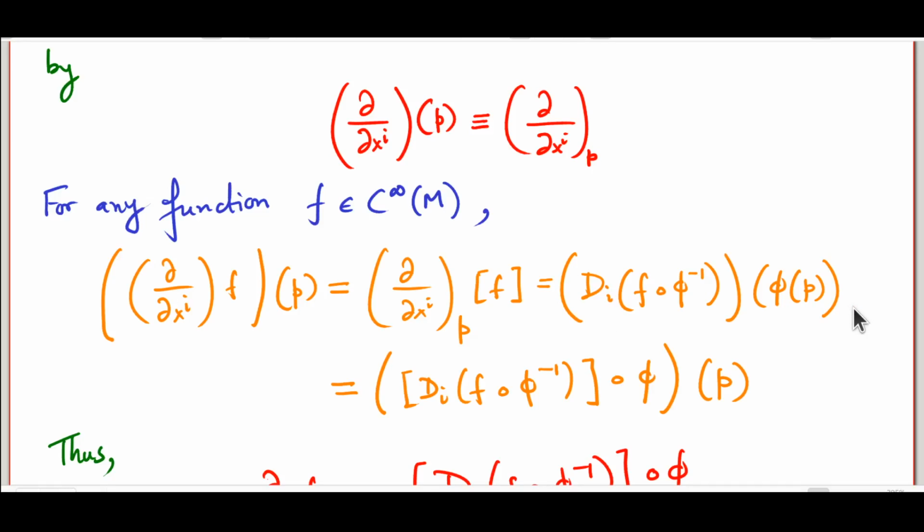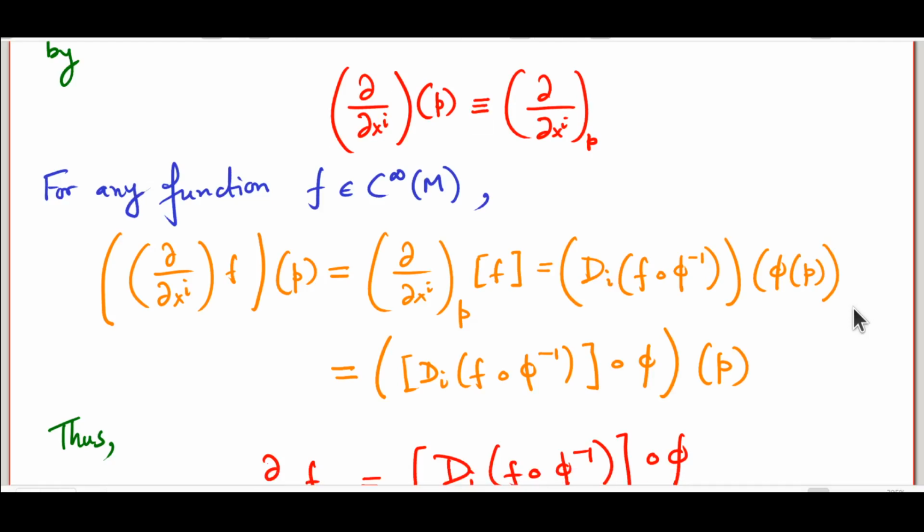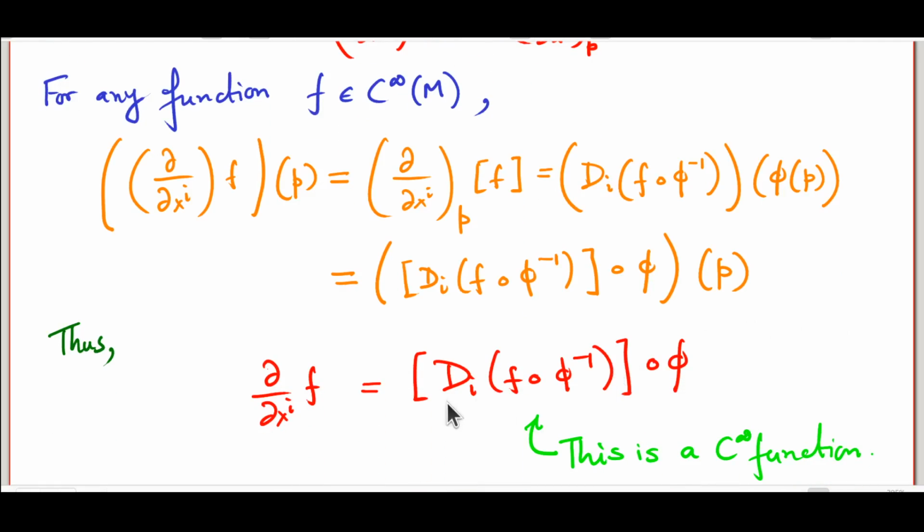In other words, the action of this del xi vector field on a function f is simply given by the partial derivative of the proxy function composed with phi.